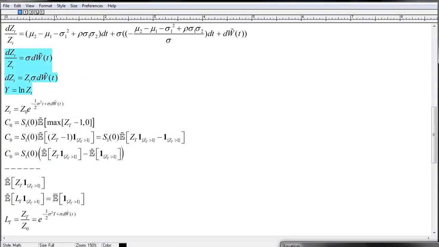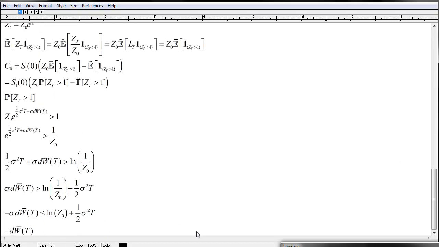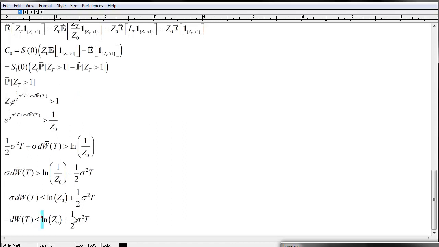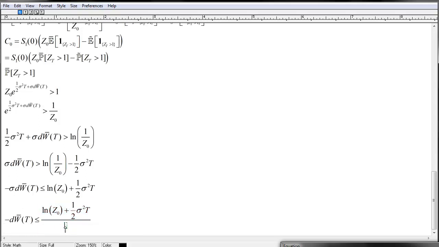So it's less than this expression divided by sigma. We are still not that smart from this expression. It doesn't tell us anything.